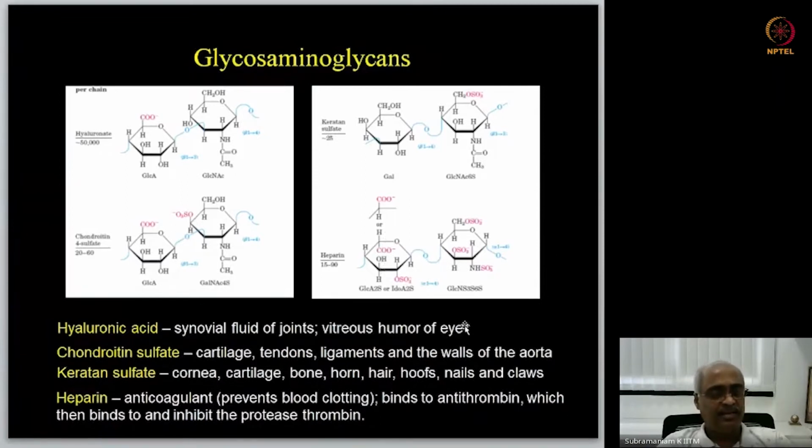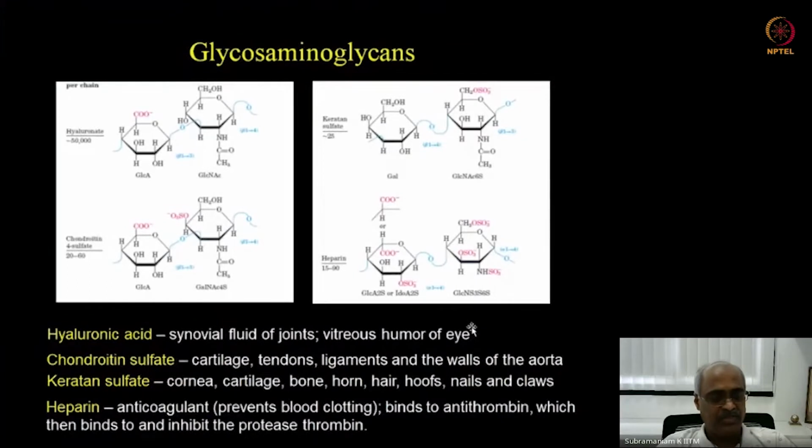So these are the primary glycosaminoglycans. There are other minor ones as well. So primarily these are long chain polysaccharides having charged acidic groups on them, and they either function as lubricants or provide tensile strength to structures like cartilage, tendon, and bone, horns, nails, and so on.